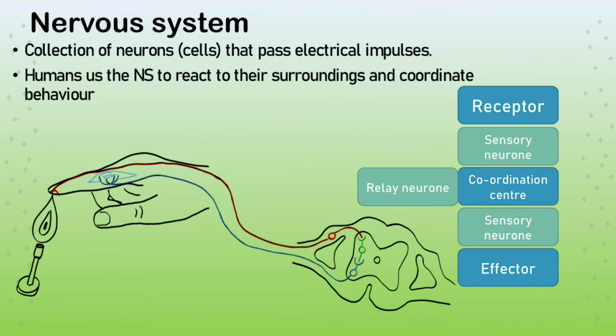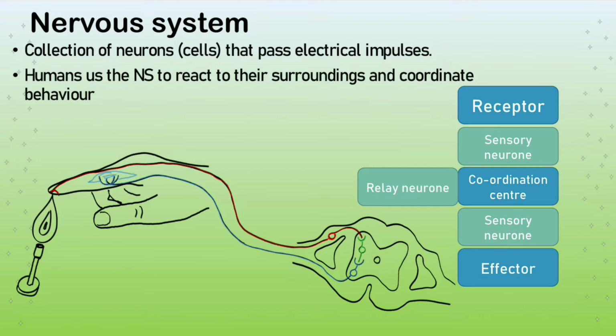We're going to look in the rest of this topic at 2 main systems in our body that control homeostasis. One is the nervous system, which is what we're going to focus on here. The other is the endocrine system, which is the hormone system. But the nervous system is just a collection of neurons, which are just cells, they're specialized cells. You probably saw them early in biology GCSE. You can look at the review of the cells topic and we cover specialized cells there.